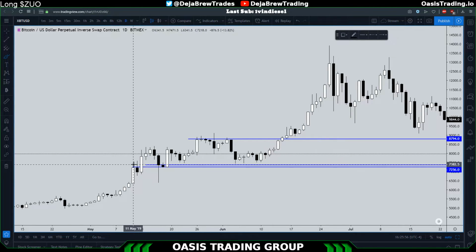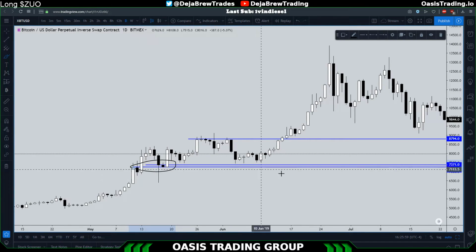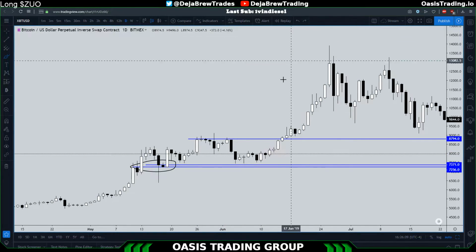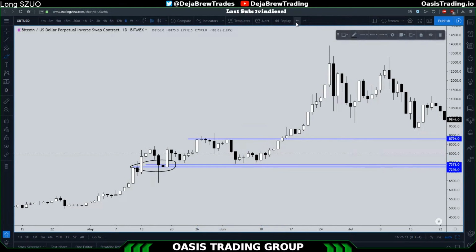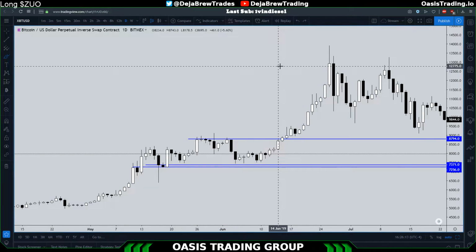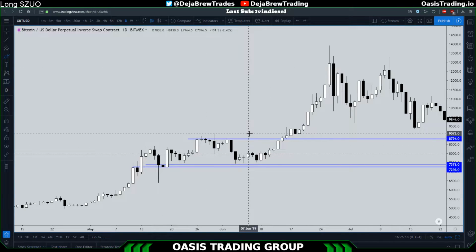Okay, so let's move on. We see our low. It acts as support. So you are not in a downtrend. Is this bearish? Slightly, yes, it's slightly bearish. You see a massive sell-off, but are you in a downtrend? No. Basic market structure tells you that you are in a range.